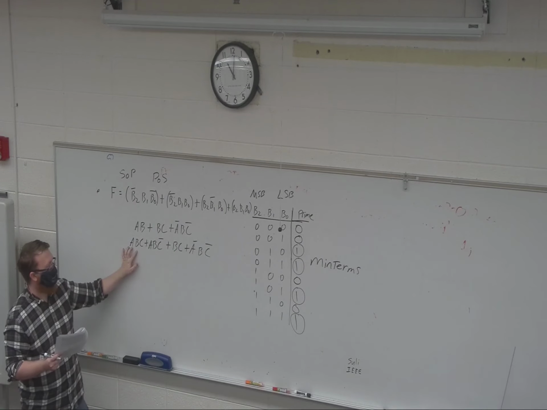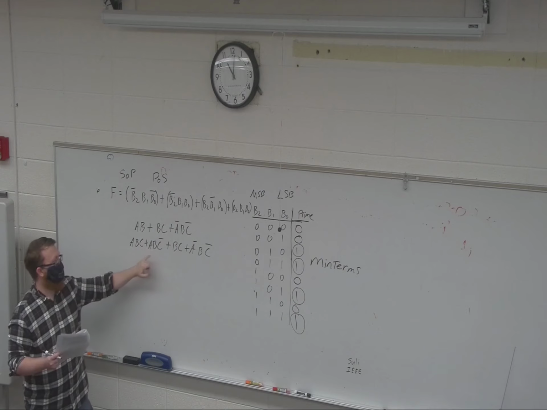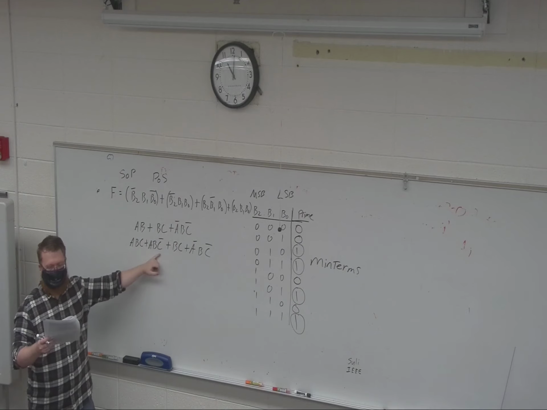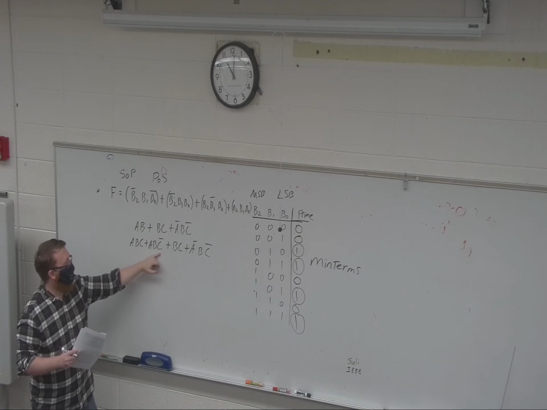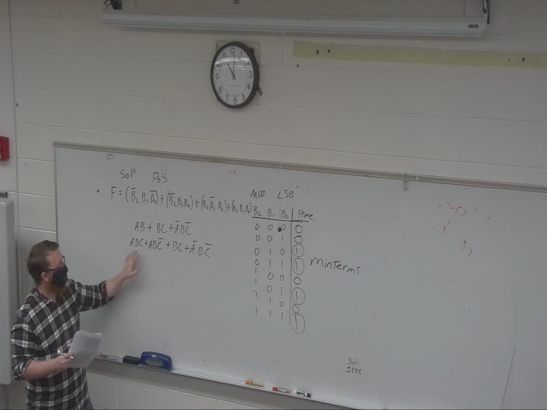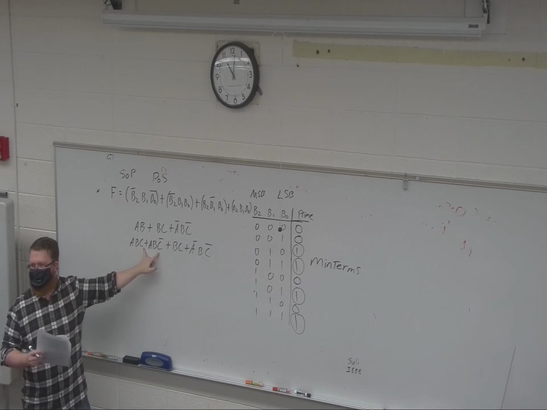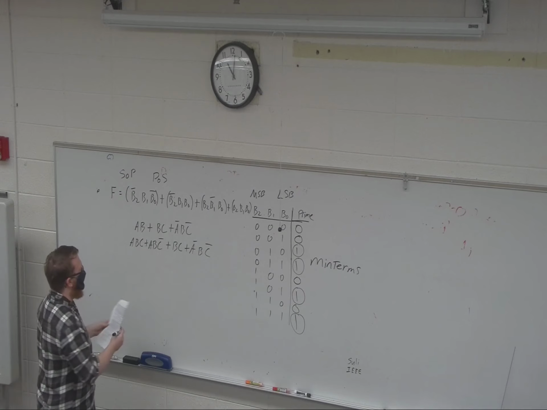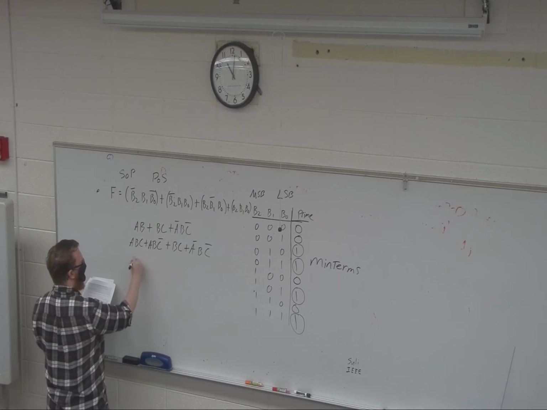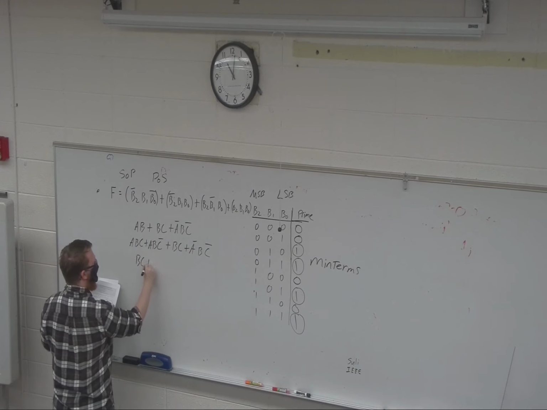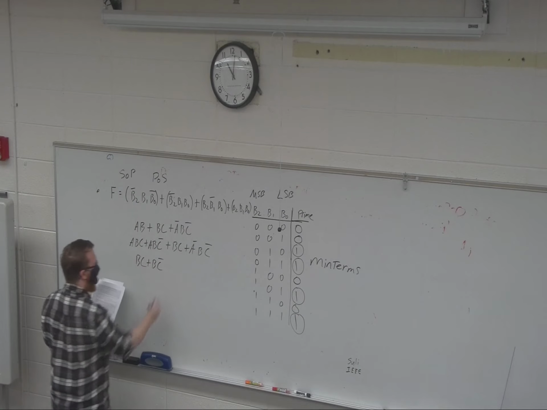Where I have this AB, AB, ABC, AB not C. But we have this nice little rule about two terms, and also C or not C, right? What do we know about C or not C? It's always true. So we can simplify this down to B, C, or B not C.